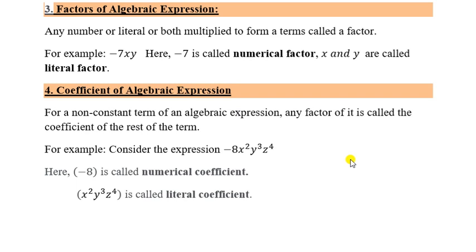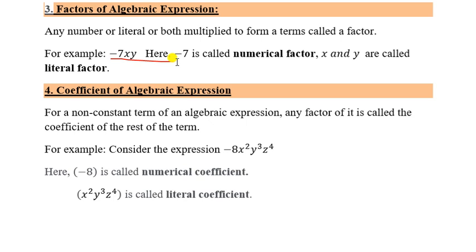Now next, I would like to explain factors of an algebraic expression. It's very easy. For example, minus 7xy is a term, and from individual terms only you can find out factors. You cannot find factors of a complete algebraic expression; there you will get only one and the given algebraic expression.